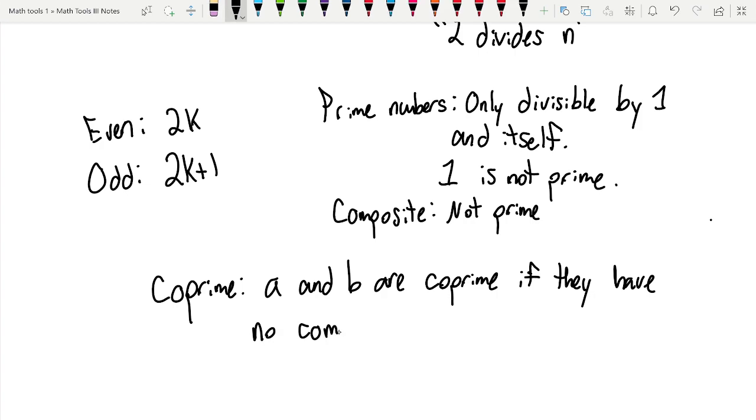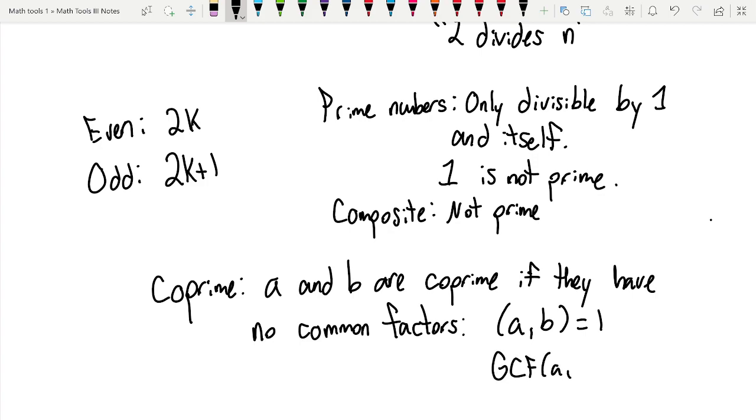The way we typically write this would be (a, b) = 1. This parentheses notation is used for a lot of things. In this context, it means the GCF, greatest common factor, of a and b is equal to 1, but you typically don't write that GCF part.